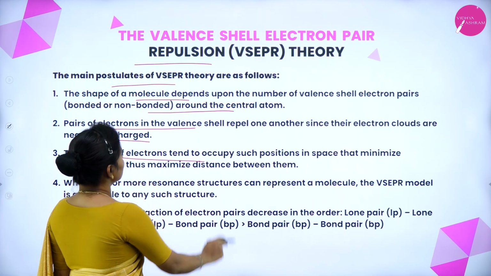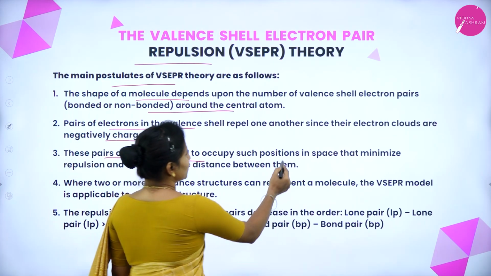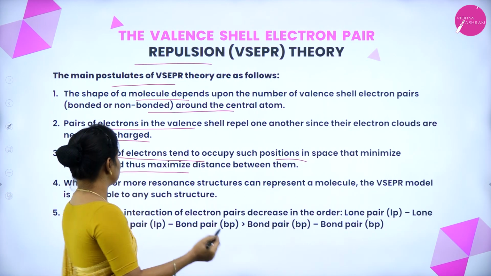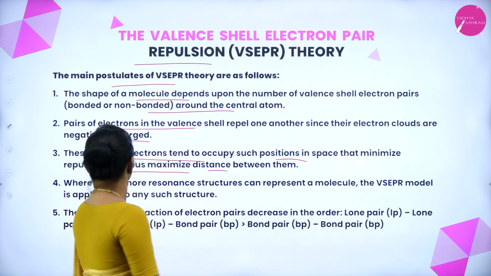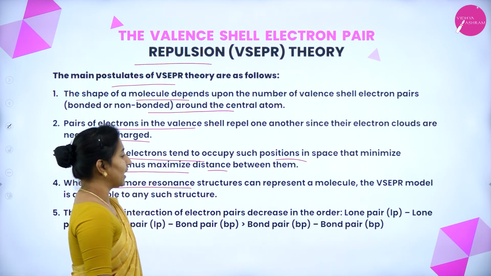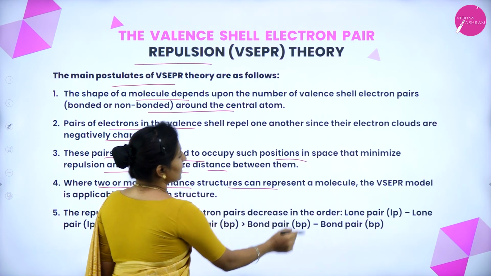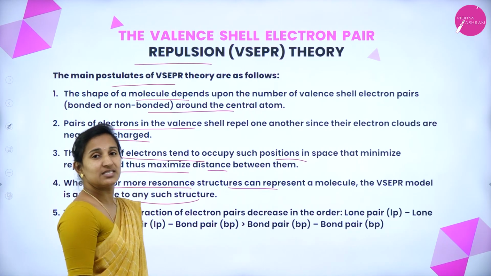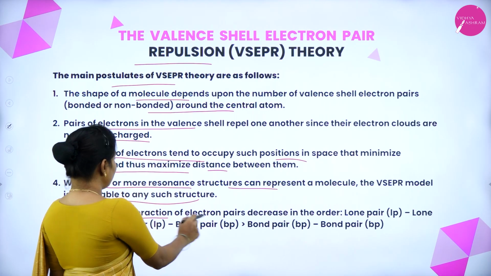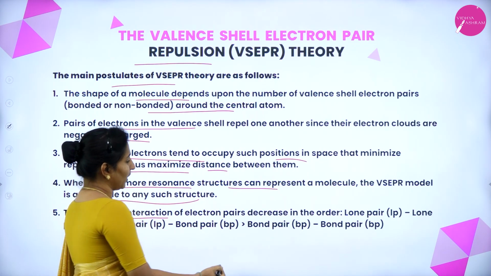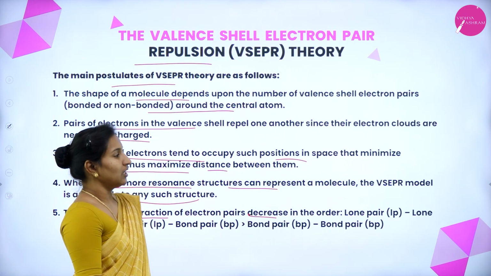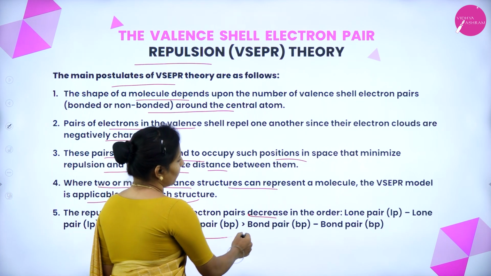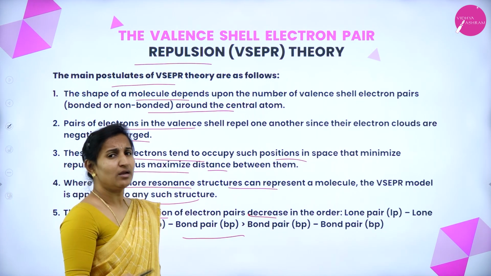These pairs of electrons tend to occupy positions in space that minimize the repulsion and thus maximize the distance between them. There are two or more resonance structures that can represent a molecule, and the VSEPR model is applicable to any such structure. The repulsive interaction of electron pairs decreases in the order: lone pair-lone pair, lone pair-bond pair, and bond pair-bond pair.